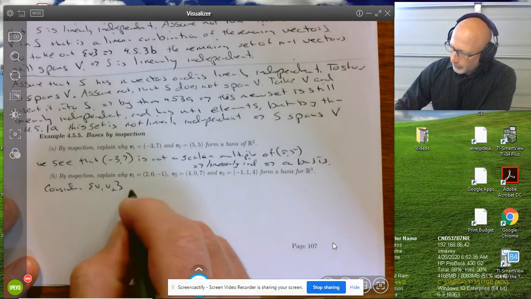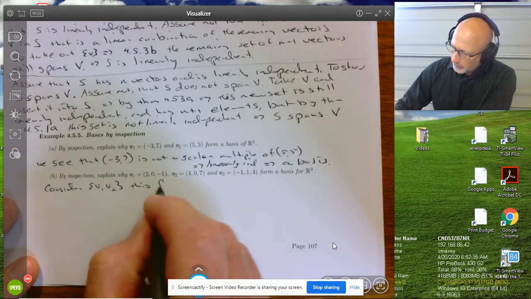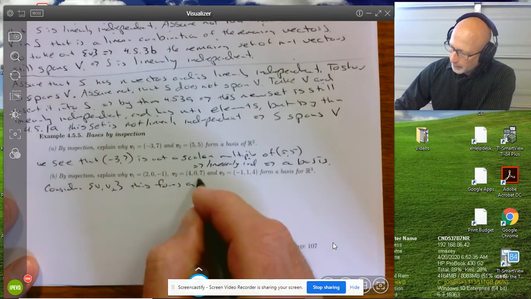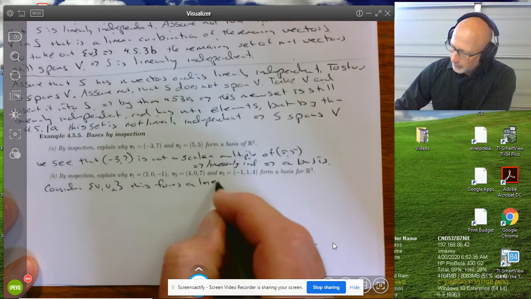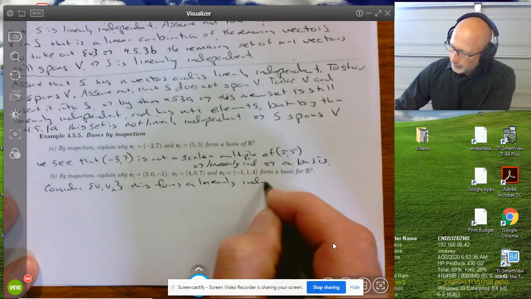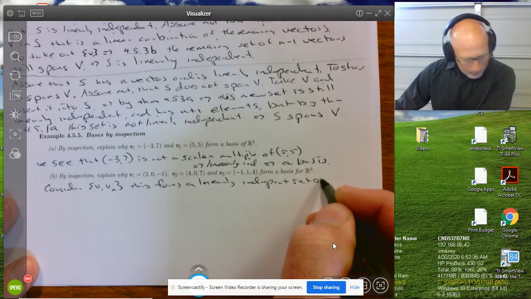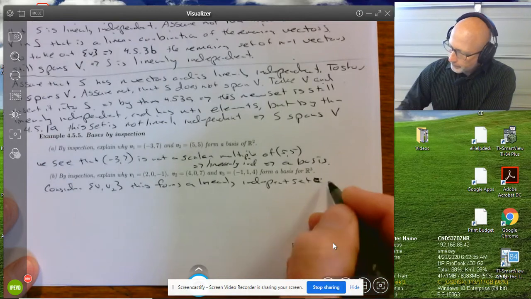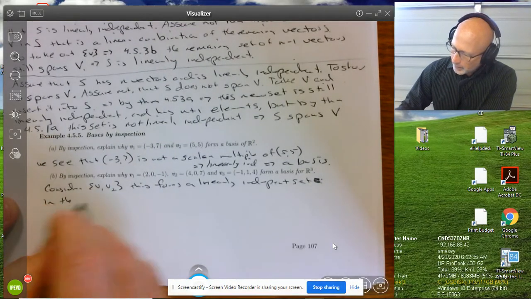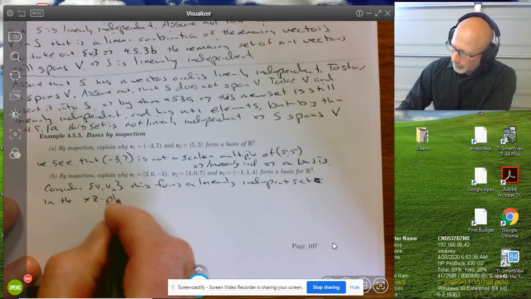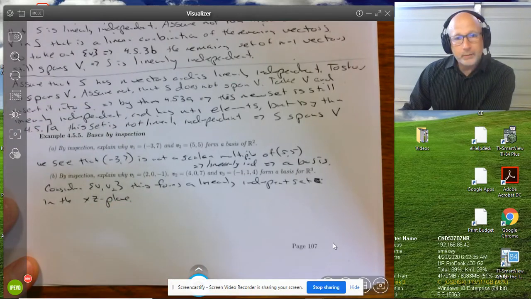Okay, this forms a linearly independent set in the XZ plane.